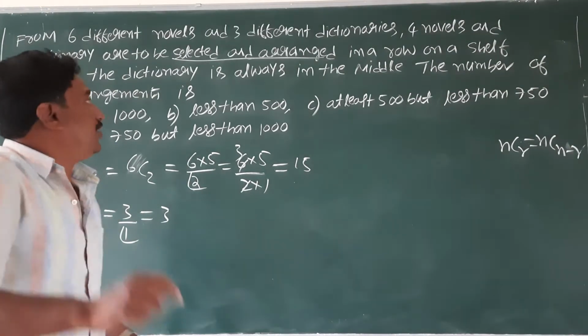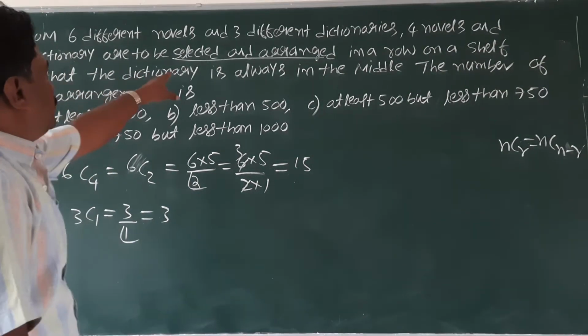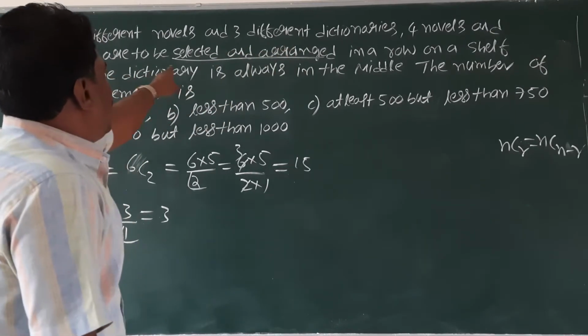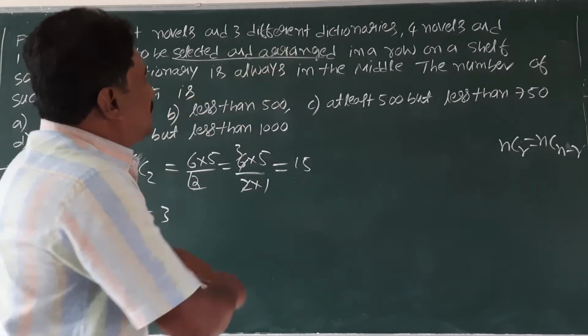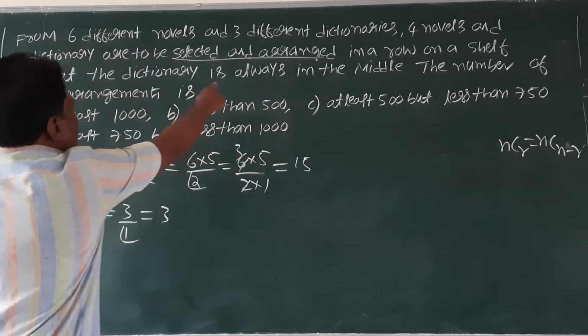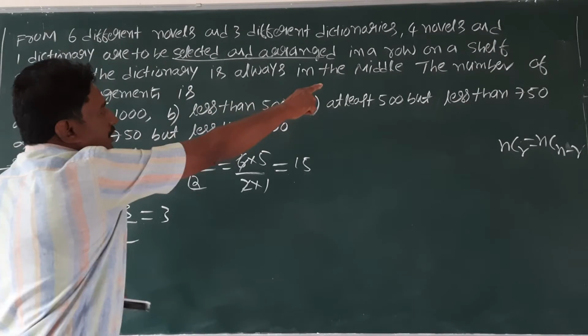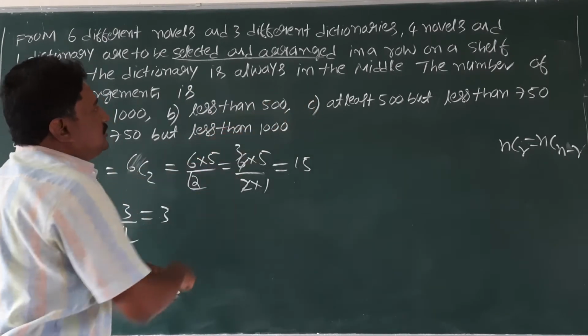Now let us think of arrangements. 4 novels and 1 dictionary are to be arranged such that the dictionary is always in the middle.